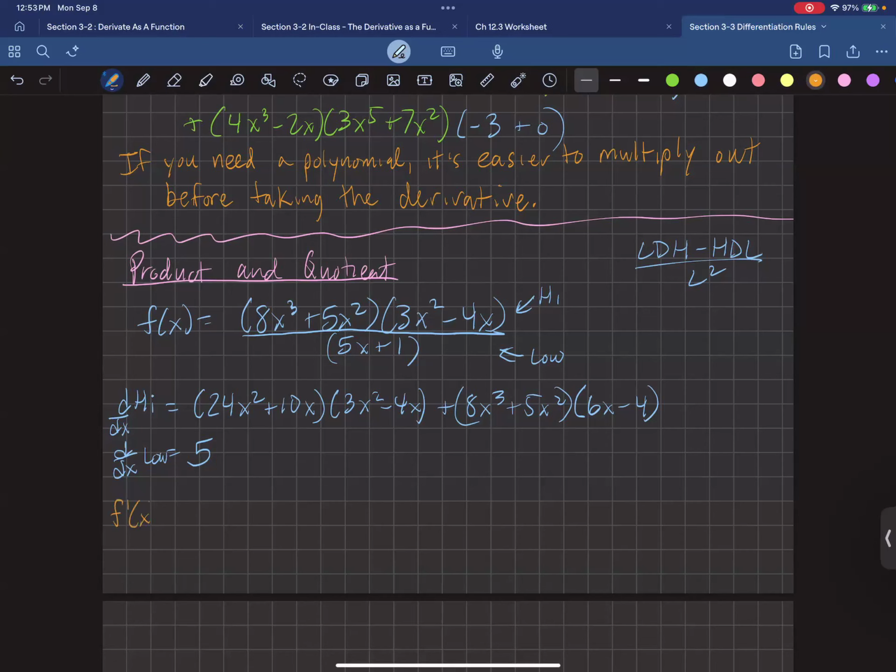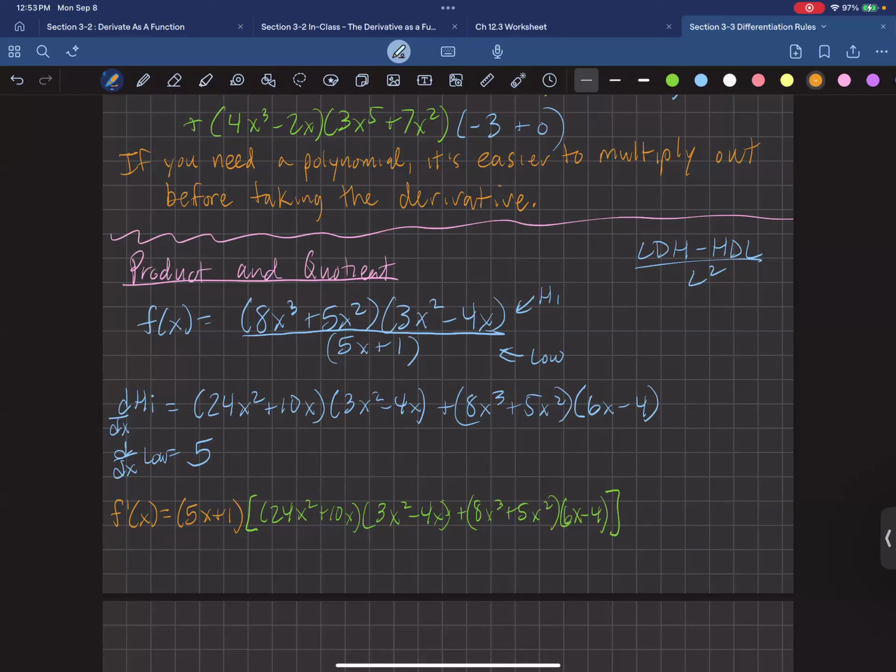F prime of x equals low, which is 5x plus 1, times the derivative of high, which is 24x squared plus 10x, times 3x squared minus 4x, plus 8x cubed plus 5x squared in parentheses, times 6x minus 4.